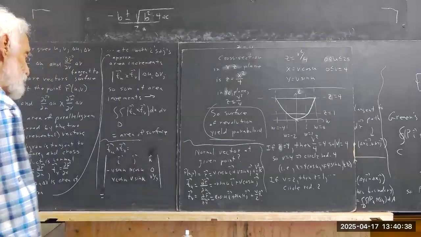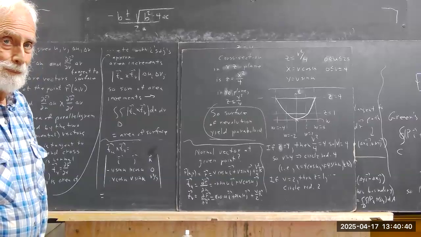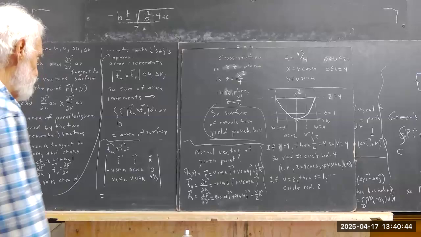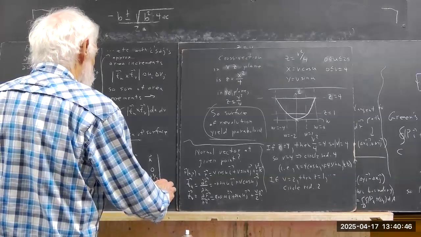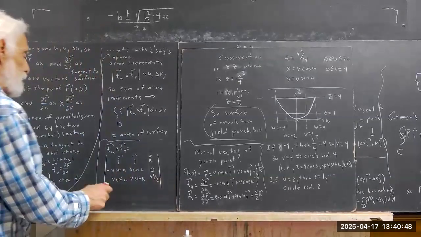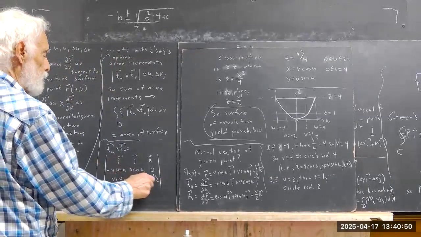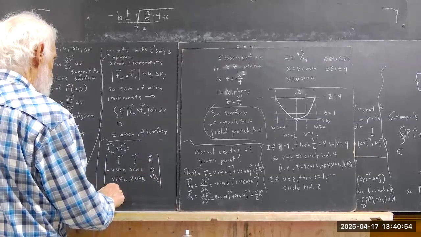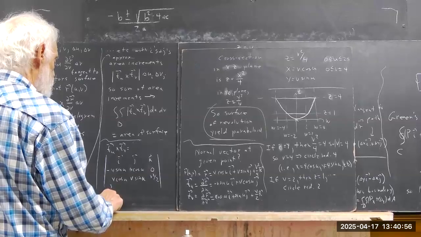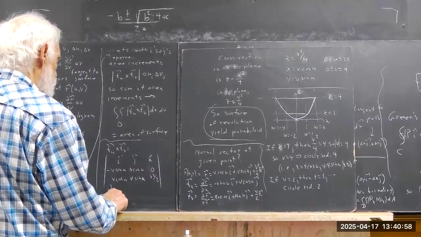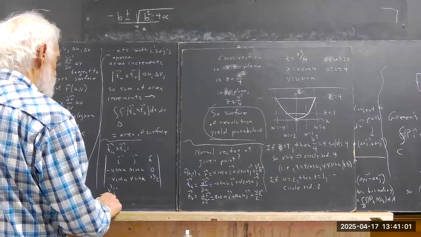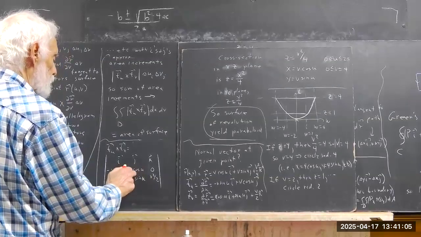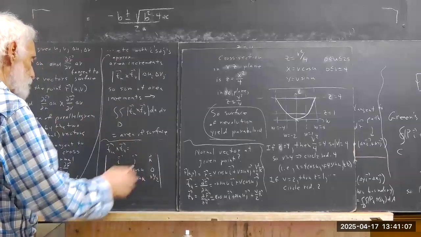And we get, okay? For i, we're going to get v cosine u times v squared over 2, which is v cubed over 2.